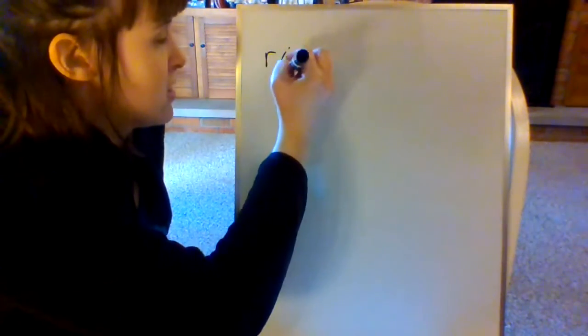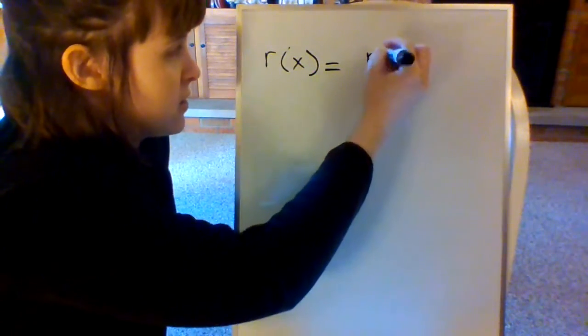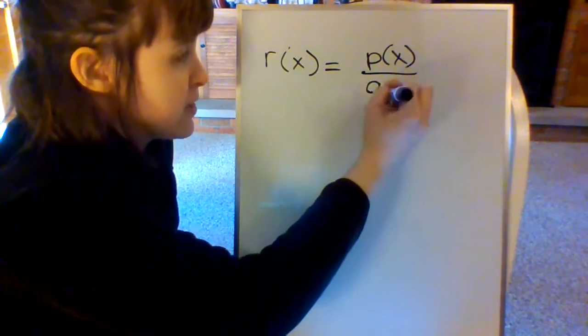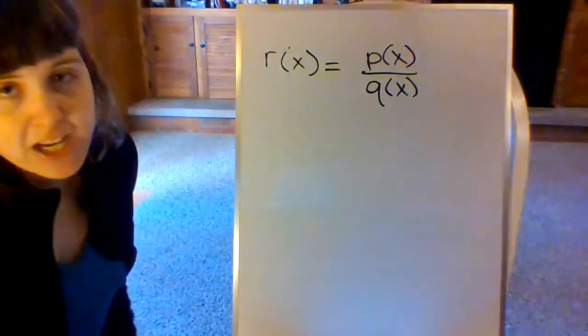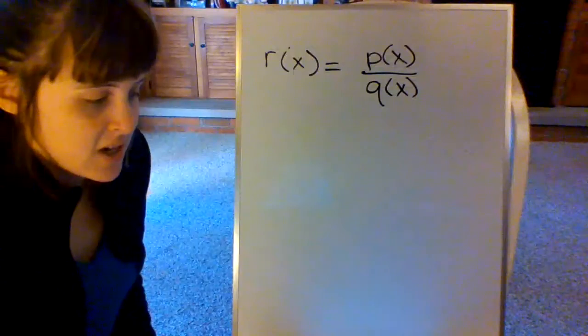Okay, so limits of polynomial and rational functions. If r is a rational function given by this equation, so this just means you have 2 different functions essentially, and you're dividing one by the other.